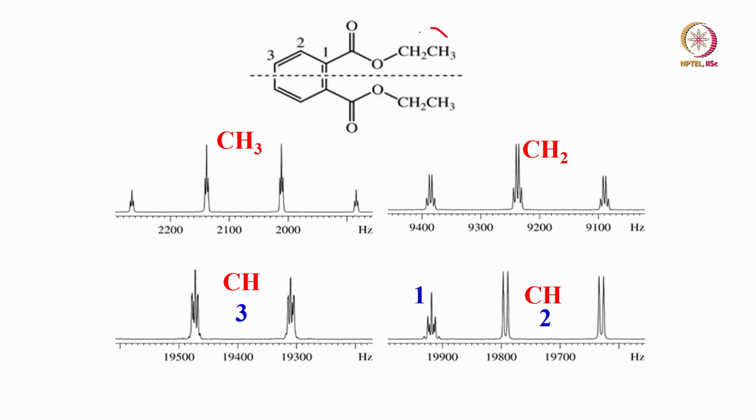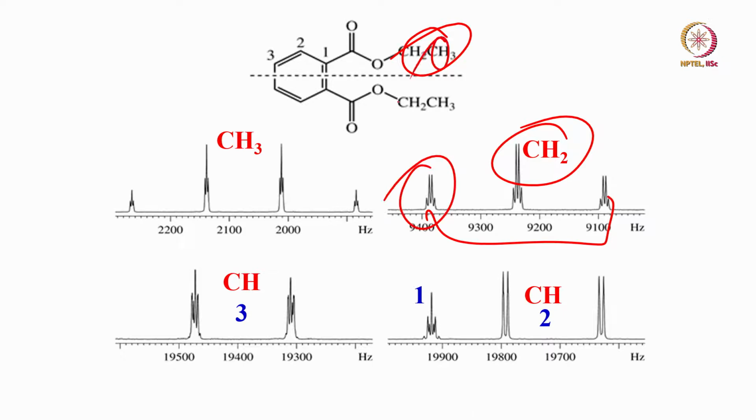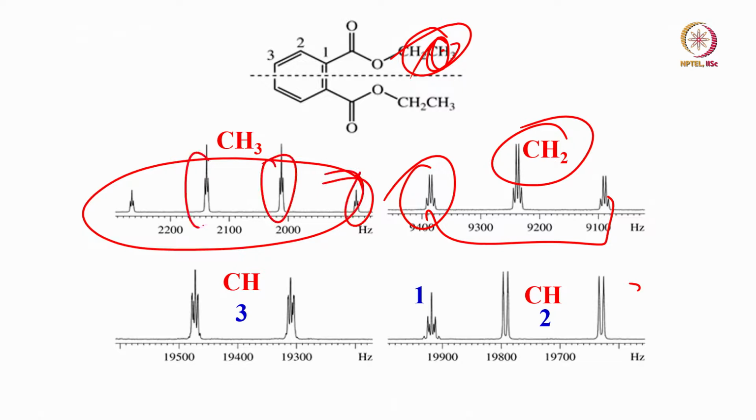The CH2 is a large triplet, and each line of the triplet is a quartet because of CH3. The CH3 is a quartet because of 3 protons, and each line of the quartet is a triplet because of this CH2. Similarly in the aromatic protons, you can see doublets and quartets, everything will come depending on long range couplings.